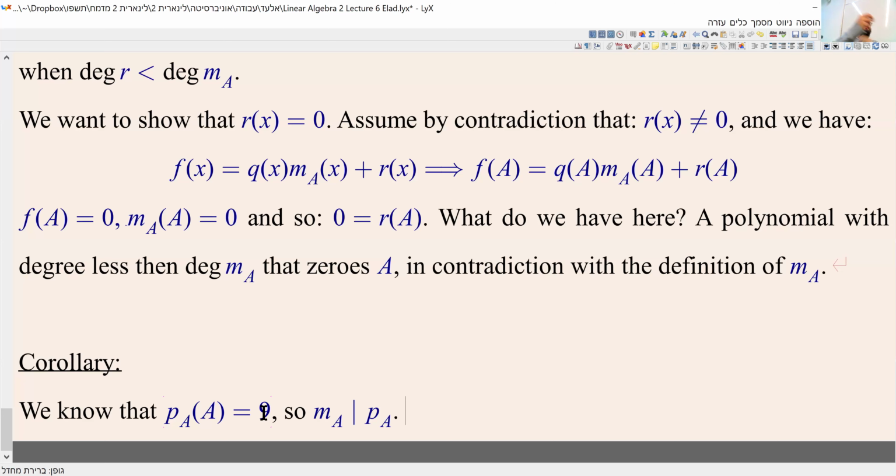One can say that the minimal polynomial is minimal, but with a slightly different approach than the definition. By definition, what is minimal? The degree of the polynomial, yeah? When we think about the order of natural numbers, the degree is a natural number, it is smaller than every other degree of a zeroing polynomial. But now we can think of the minimality of the polynomial in terms of the divides and divisible-by order.